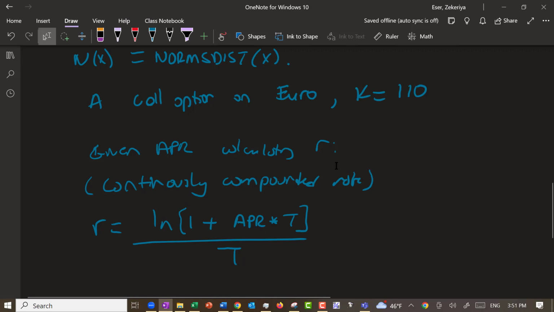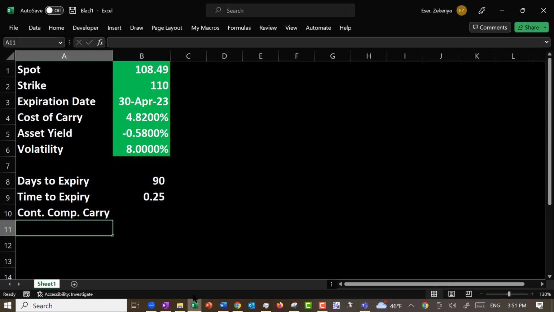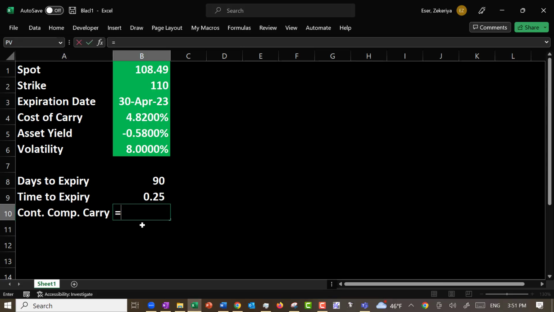APR divided by T, or in this case multiplied by T, gives you the period interest rate. That's going to be ln of 1 plus cost of carry times time to expiry, divided by time to expiry.